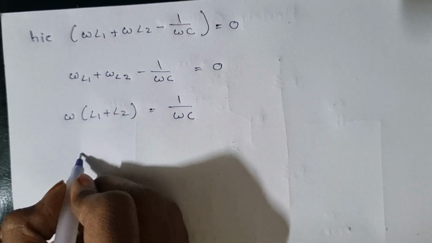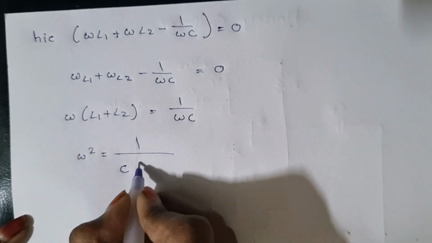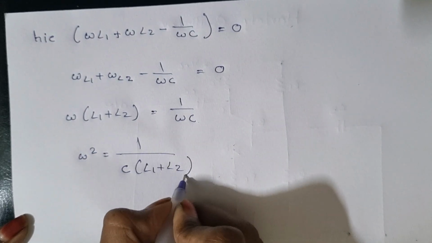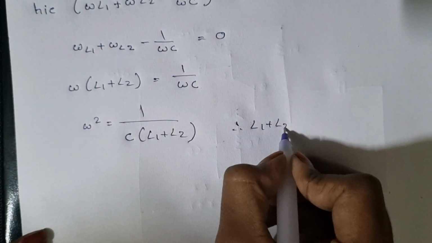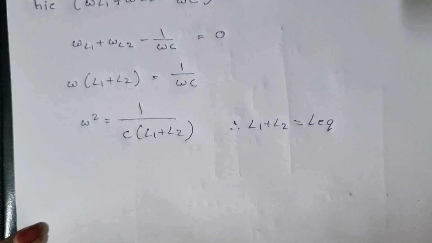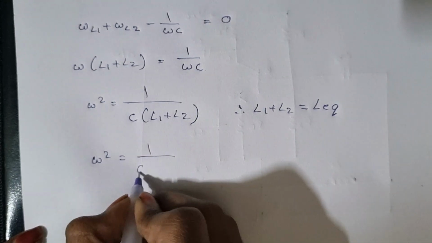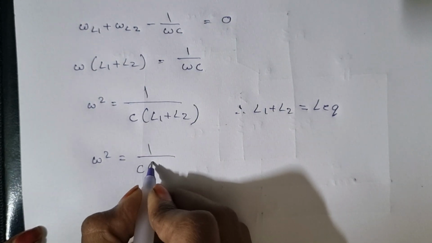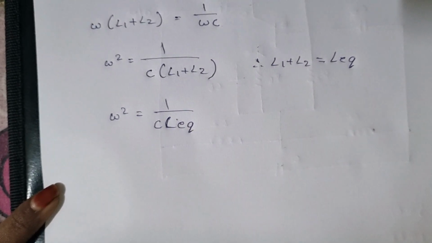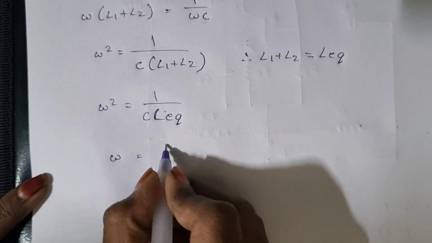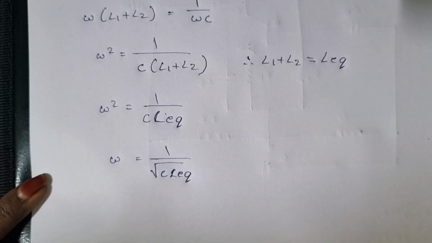So omega into omega, omega square, equals 1 by C of (L1 plus L2). Now we consider L1 plus L2 as L equivalent. So omega square equals 1 by C L equivalent. Now we send the square to the right hand side. So omega equals 1 by under root C L equivalent.